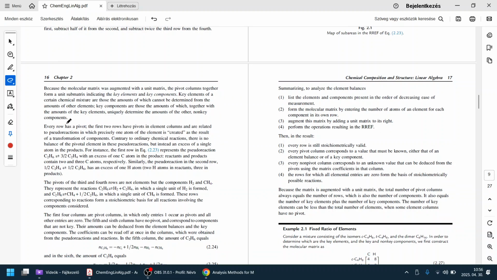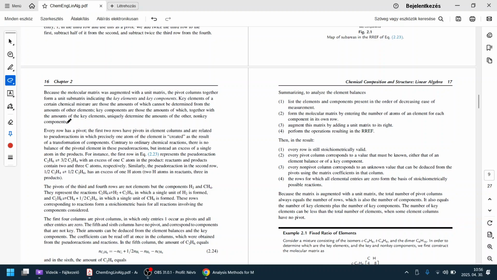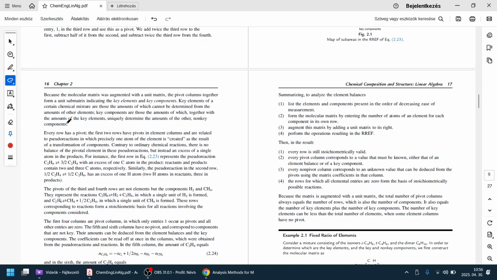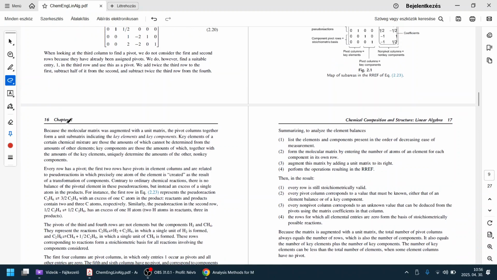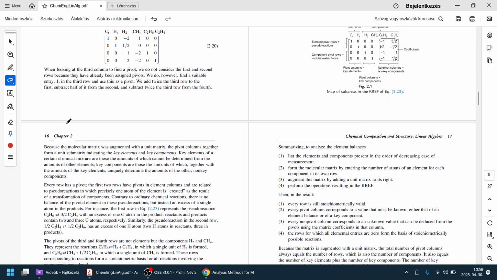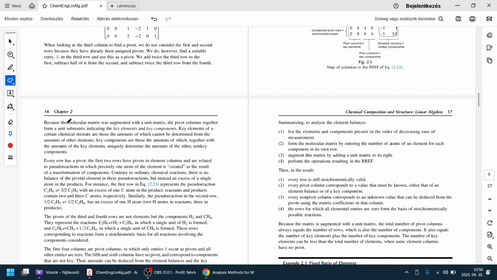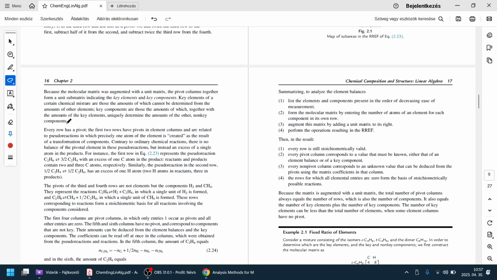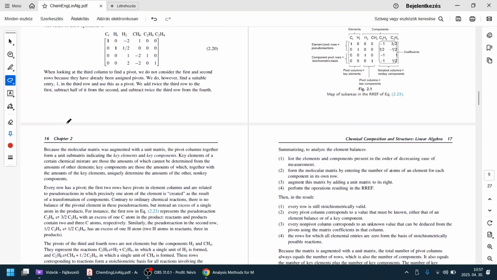Here you are. So for ethane, that's -1, half of hydrogen, and hydrogen atom, and -1 for methane and hydrogen.